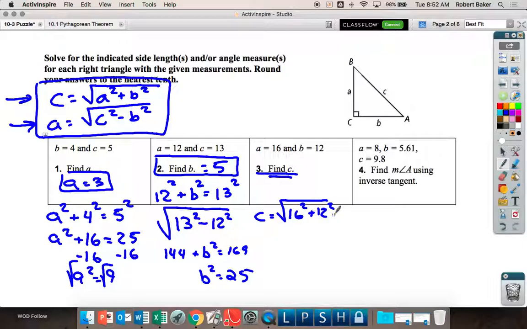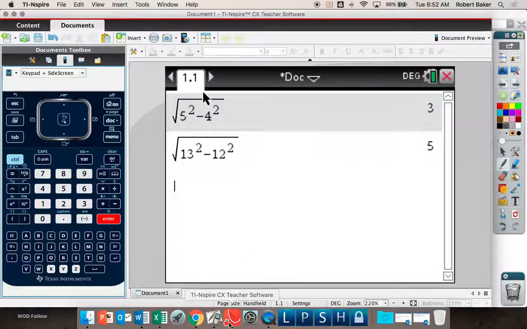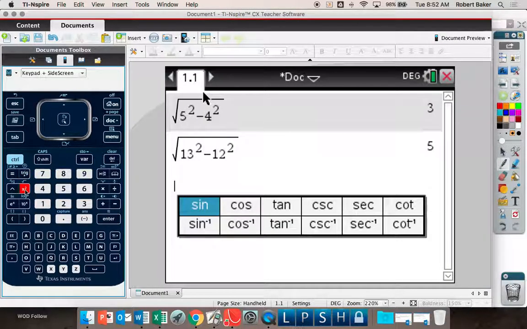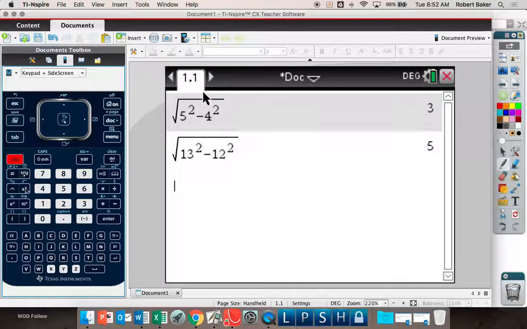So we do the square root of 16 squared plus 12 squared. And I know for a fact you get 20.